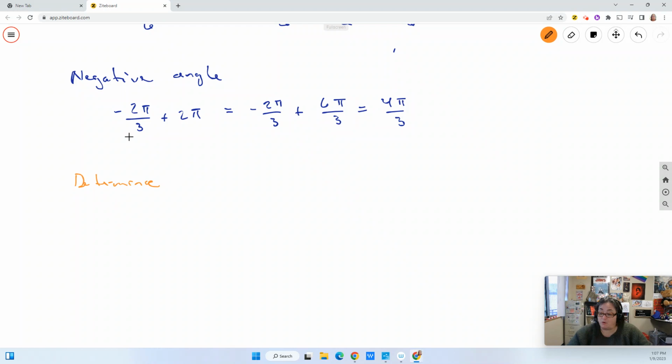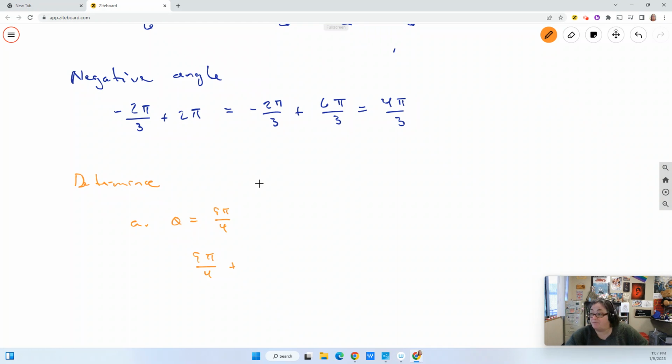Determine two coterminal angles, one positive and one negative, for theta equals 9 pi over 4. To determine the positive one, we're just going to do 9 pi over 4 plus 2 pi.